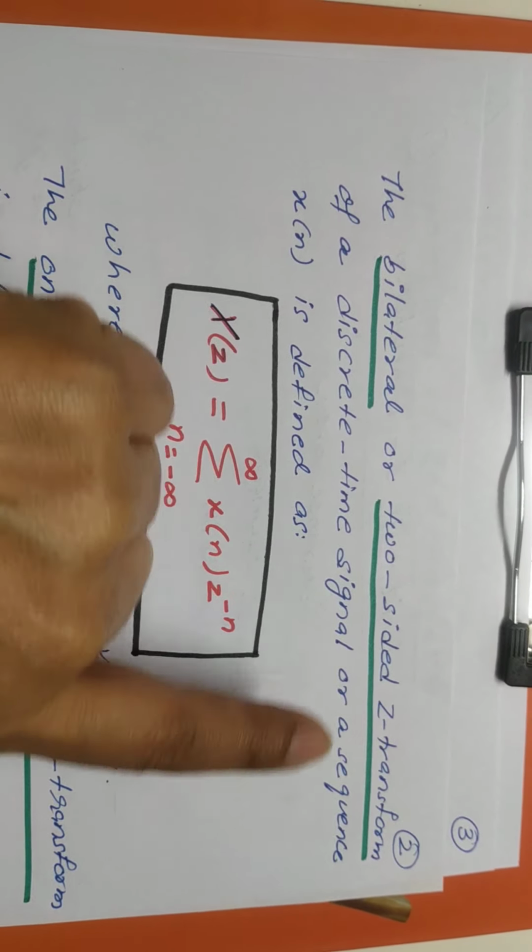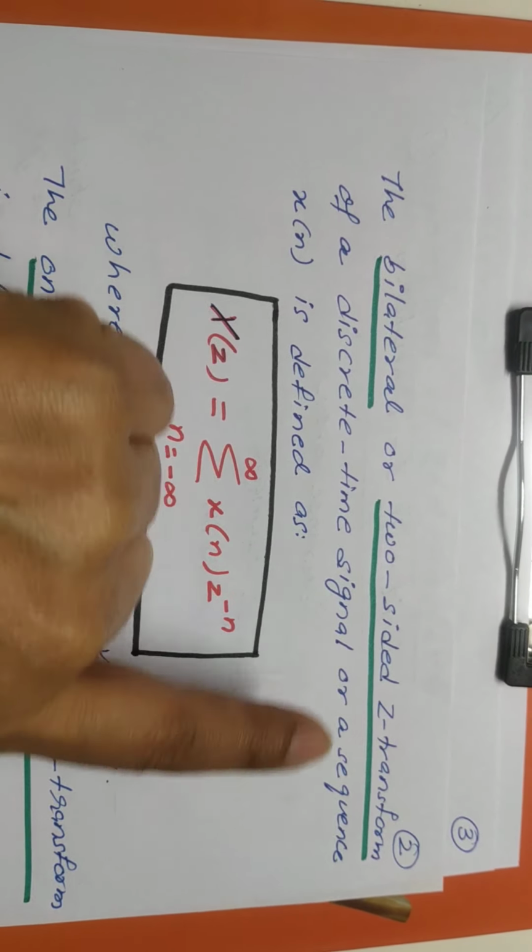The set of values of z or the set of points in z plane for which X of z converges is called the region of convergence, ROC of X of z. If there is no value of z, that is no point in the z plane for which X of z converges, then the sequence x of n is said to have no Z transform.